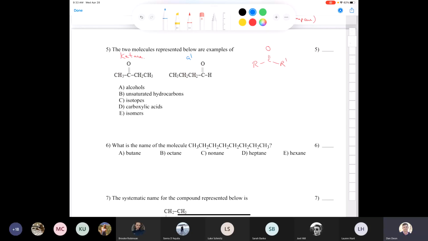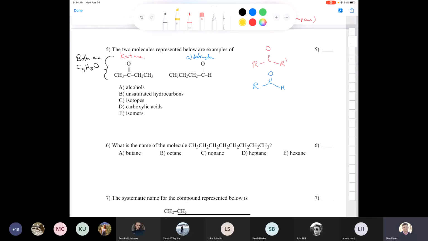When we have an aldehyde, we have an R group with a carbonyl and another hydrogen atom like this. However, if you look at the molecular formulas of both of these compounds, both are C4H8O. So they have the same molecular formula, they're just connected differently.